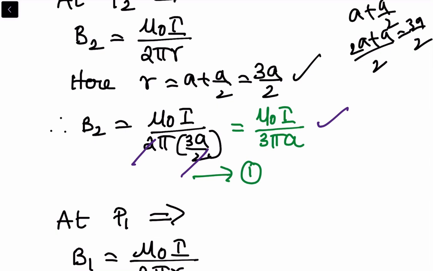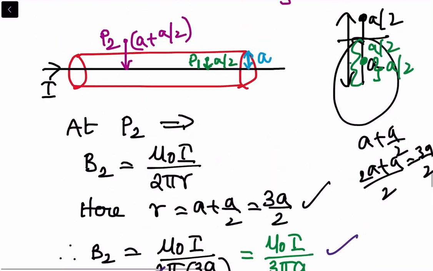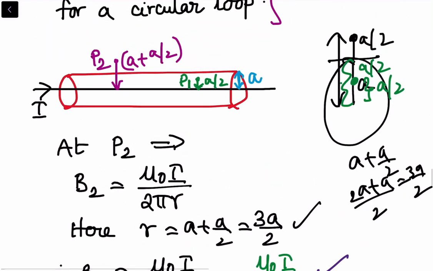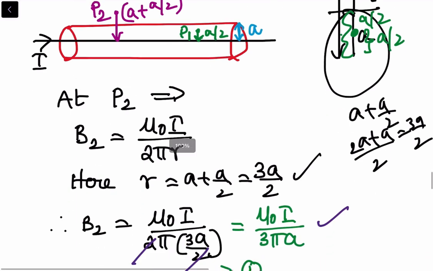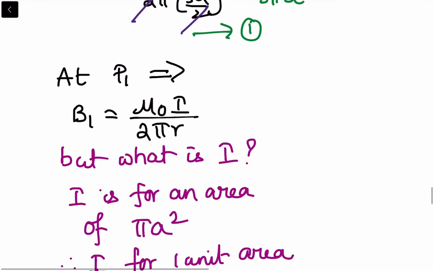When you go to the point P1, as I told you, P1 is at a distance of a by 2 from the axis. From the surface it is a by 2, which means from the axis also it is a by 2, because the radius of the wire is a. So for that, how much current has to be noted?